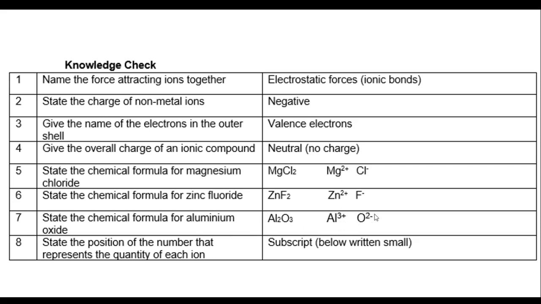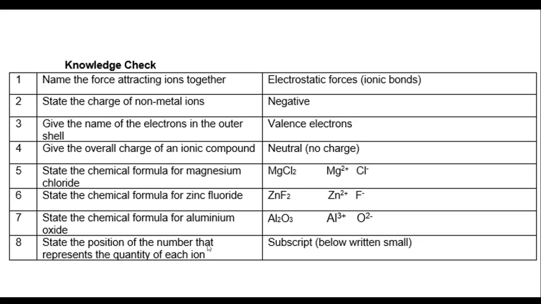Now if we had 2 oxide ions, that would create a 4 negative charge, which would mean there's more negative charge than positive charge, and we need it to be neutral. So in order to make it neutral, we have 2 aluminium ions, which means +6 charge, and 3 oxide ions means that it has a -6 charge.